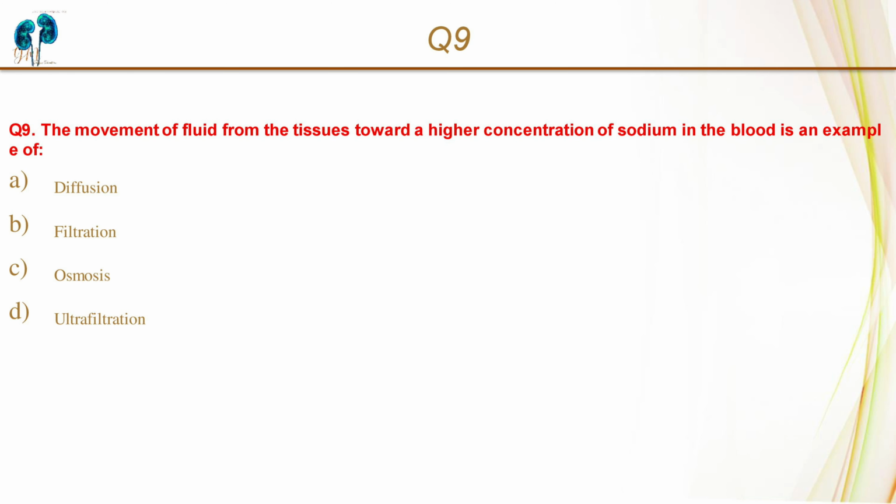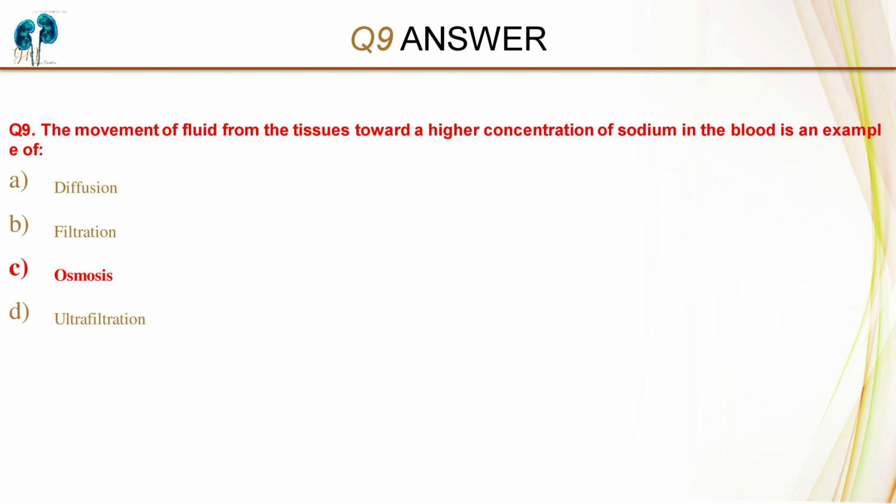Ninth question: the movement of fluid from the tissue towards a high concentration of sodium in the blood is an example of option A, diffusion, option B, filtration, option C, osmosis, or option D, ultrafiltration. These are also direct questions. The movement of solvent we call osmosis.